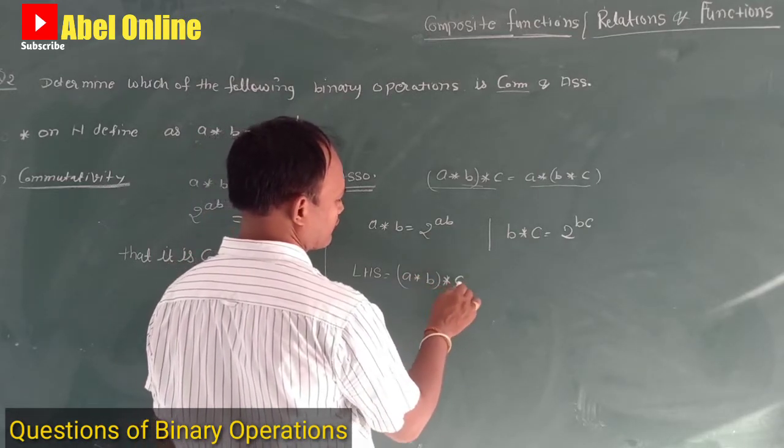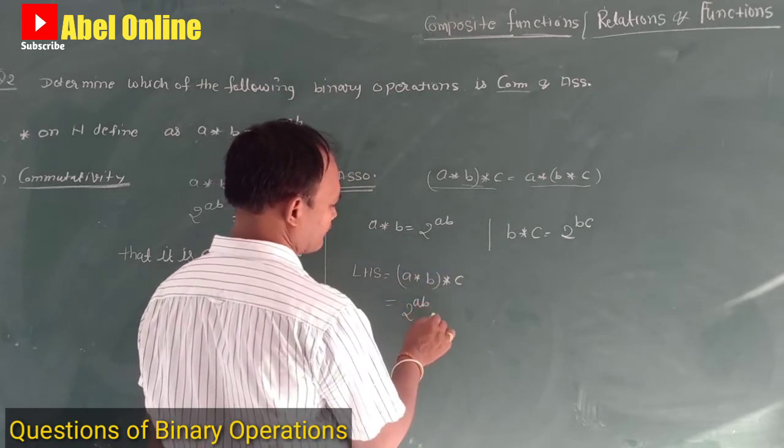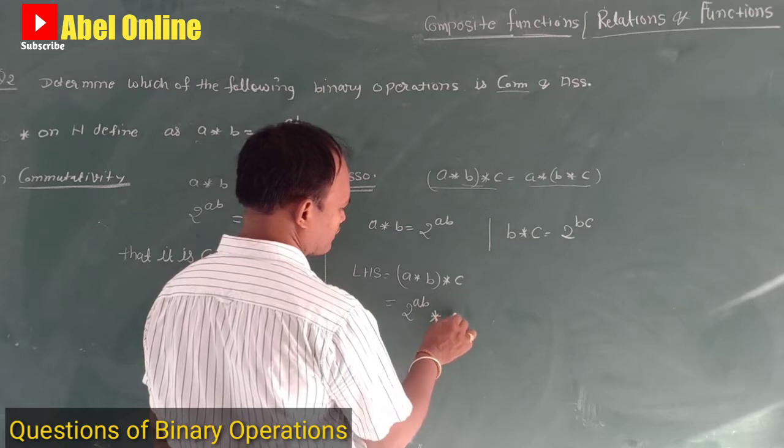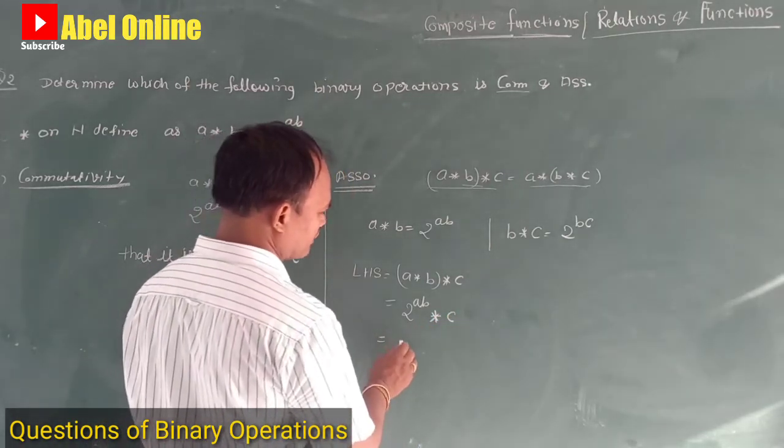a star b means e to the power ab, star c.